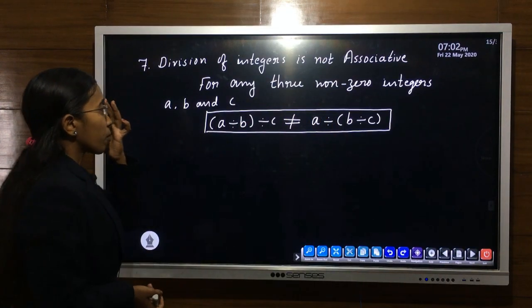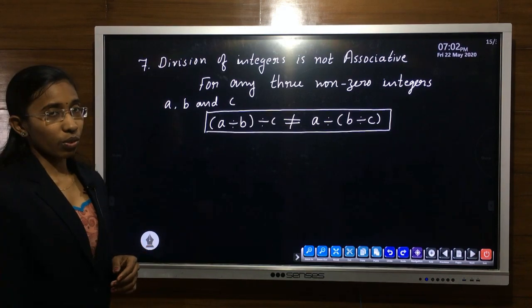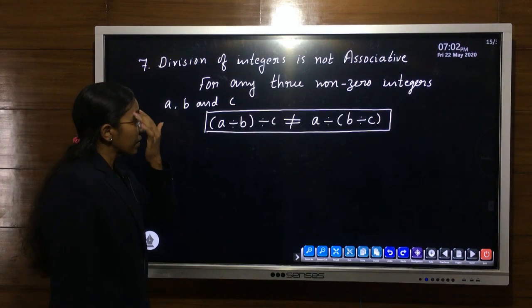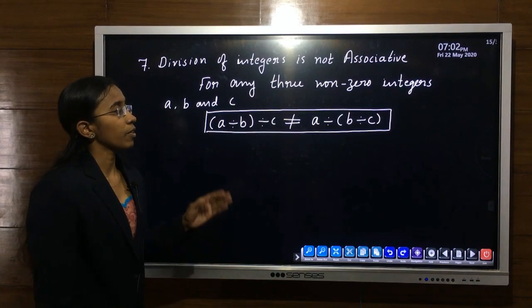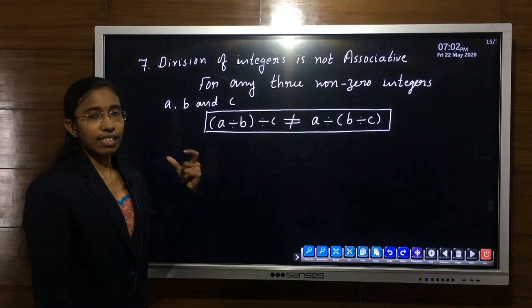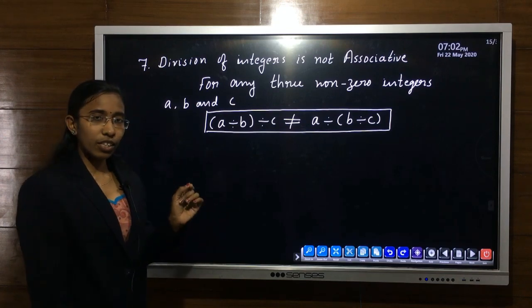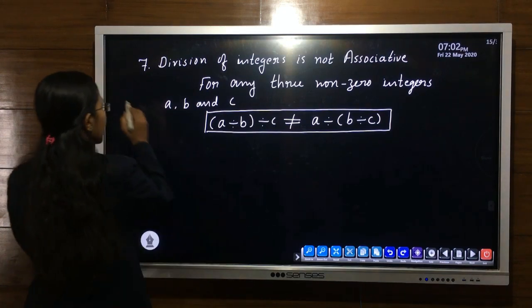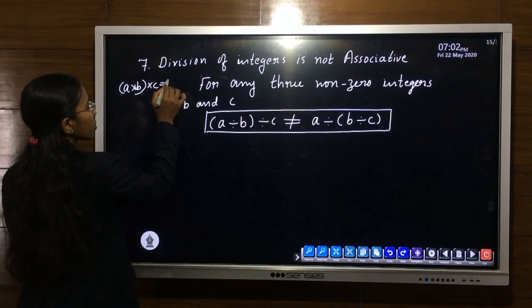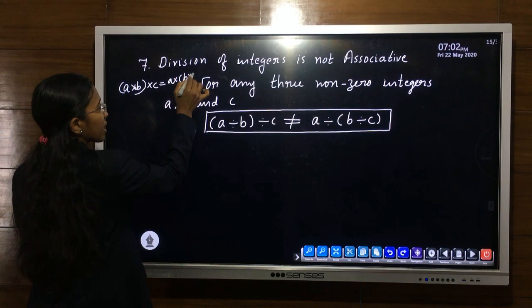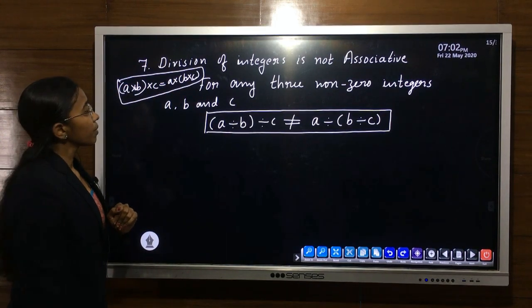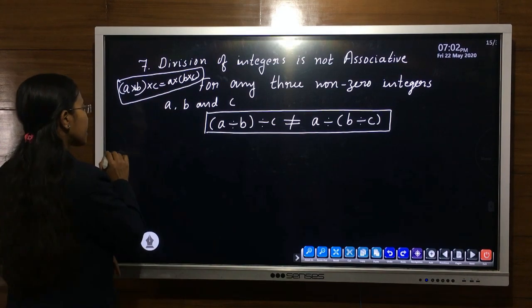And the seventh property is division of integers is not associative. We know what is associative in the case of multiplication. When we are multiplying any three or more integers, we get the same answer irrespective of order, which means a into b into c: (a into b) into c equals a into (b into c). This is the associative property of multiplication.